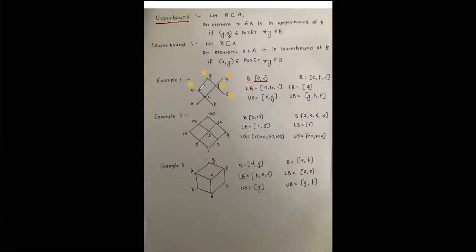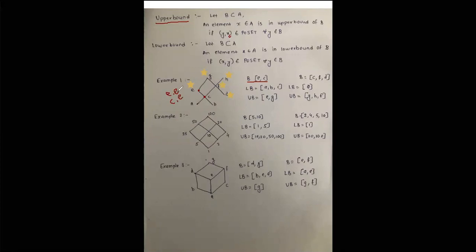Let's start from element E. E has both roles, being an X and being a Y. So the first pair will be (E, E), and the second pair will be (C, E).